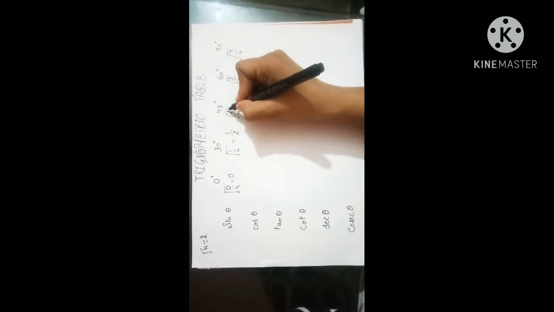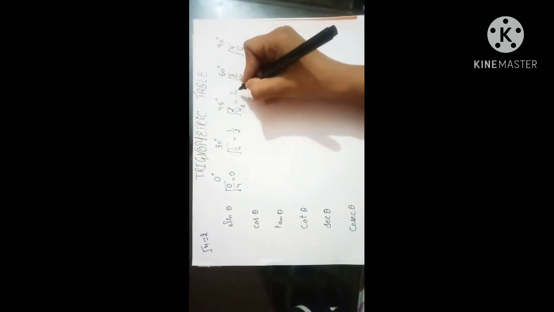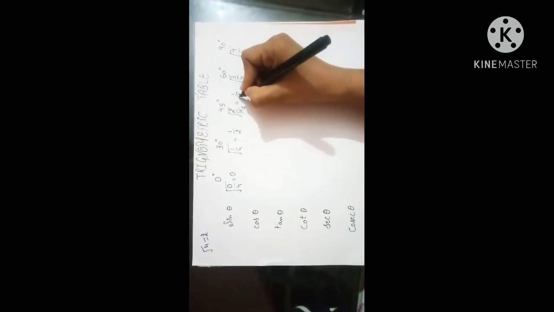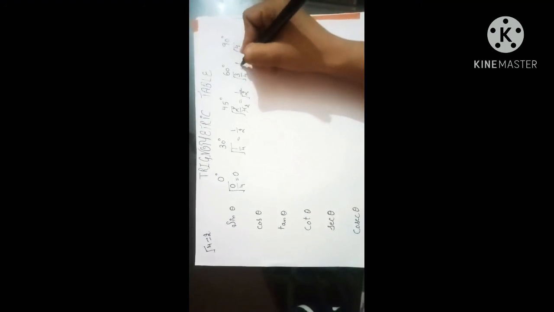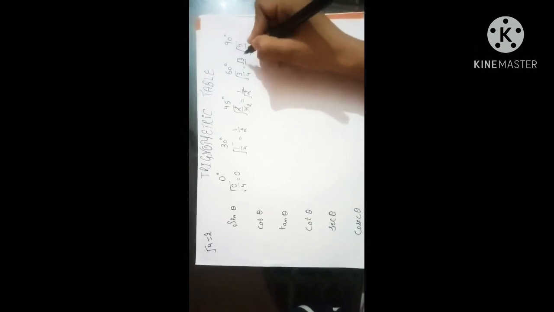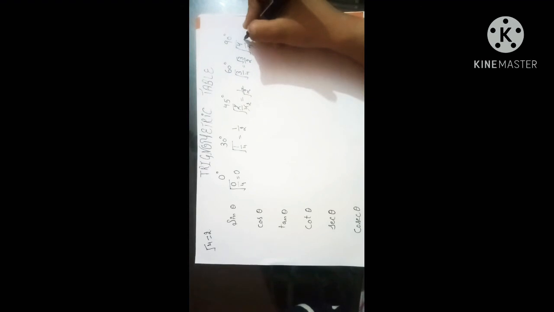Next, 2 over 4 gets cancelled, providing 1 over 2. So square root of 1 is 1 and square root of 2 is as it is. Next I have square root of 3 is as it is, and square root of 4 is 2. Now 4 gets cancelled with 4, we get 1, and square root of 1 is 1. These are all the angles of sin theta.